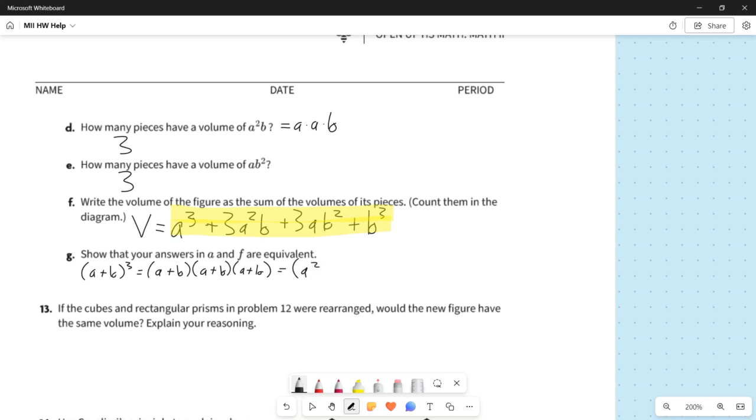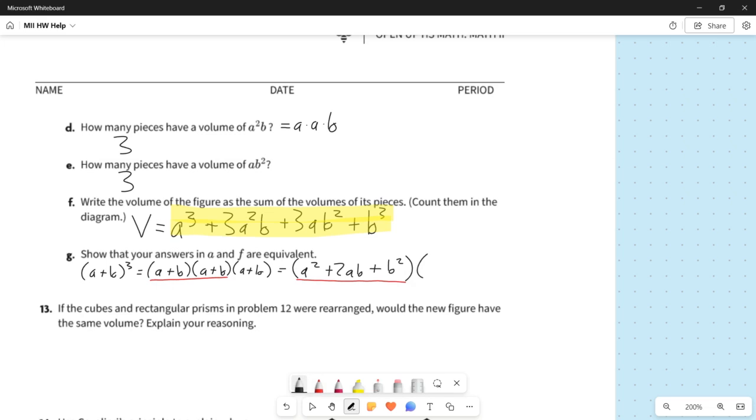Now, A times B is AB, and then B times A is also AB. So I'm going to save myself a little bit of work here, and we're going to say just 2AB. So that's outer and inner combined into one term, giving us 2AB. And then we have B times B, which is B squared. That's the product of my first two binomials.